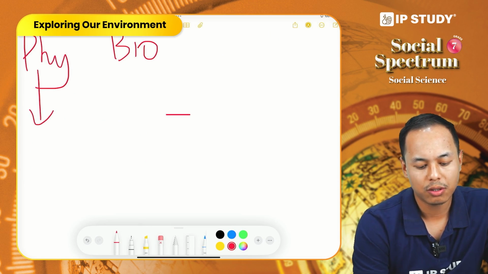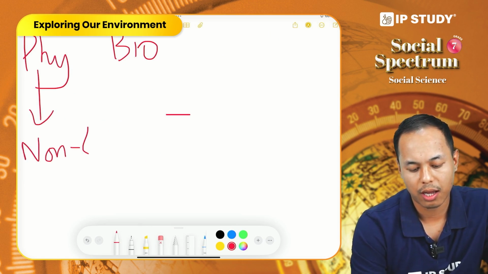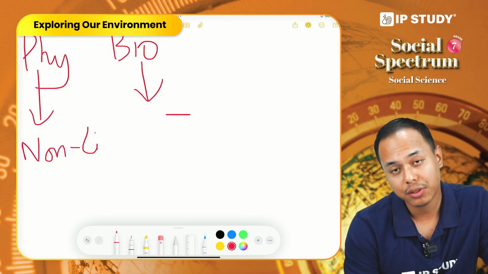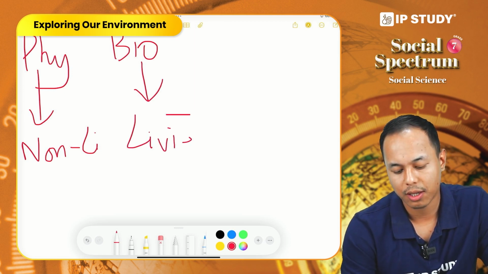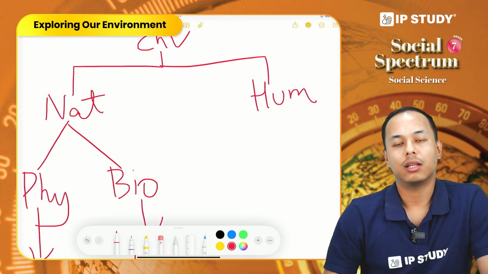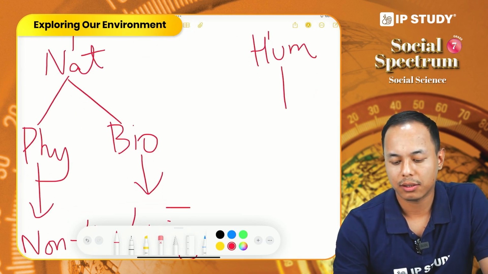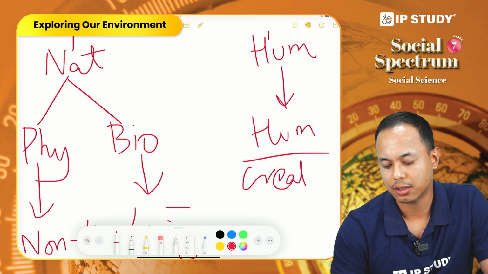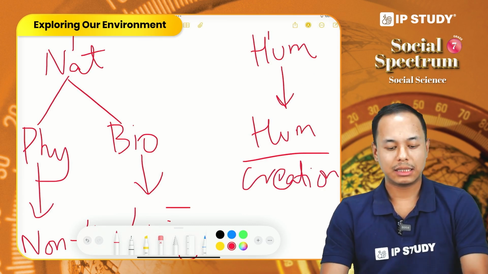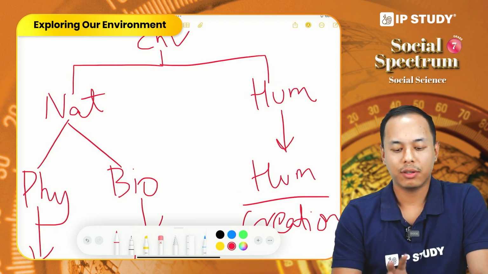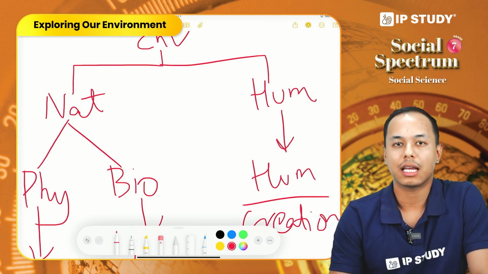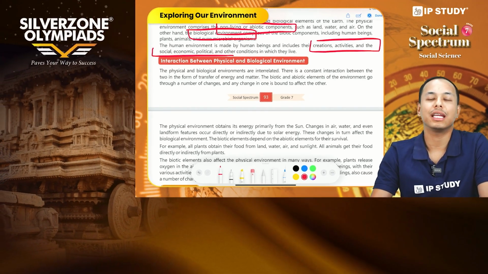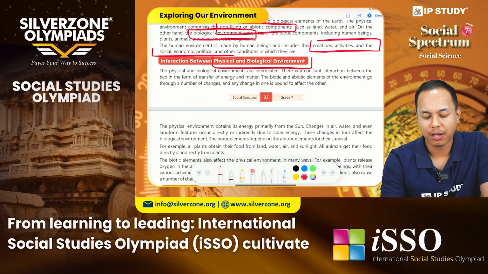Physical refers to non-living or abiotic. On the other hand, biological refers to biotic or living. And human environment refers to humans or their creations. This is the simple flow map, and with this we can have a clear understanding of environment and its classification. Let us now see how there is an interaction between physical and biological environment.